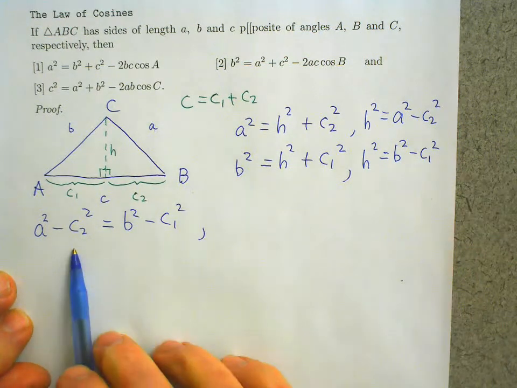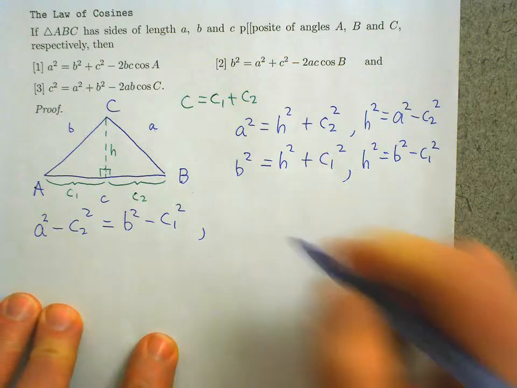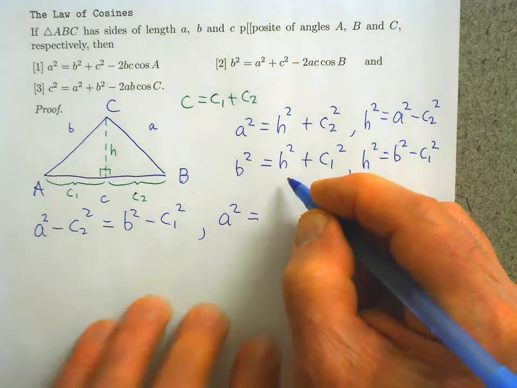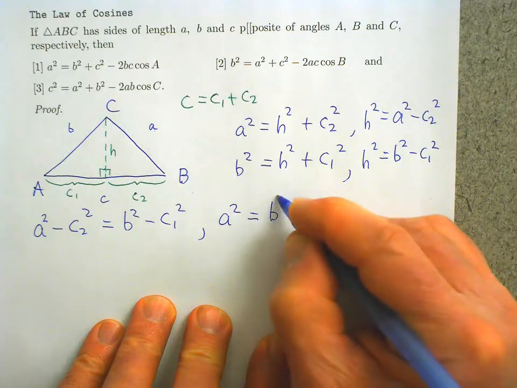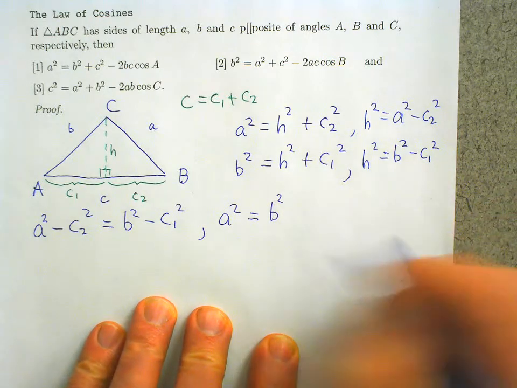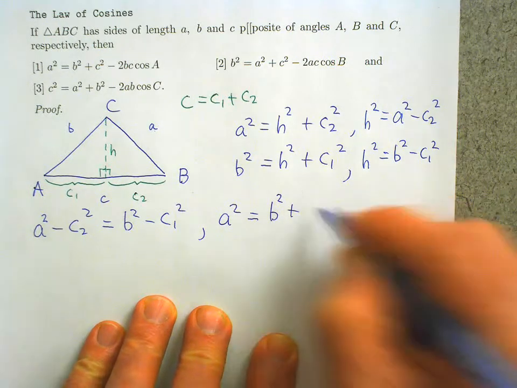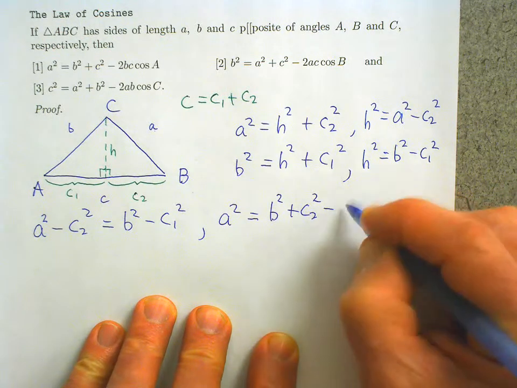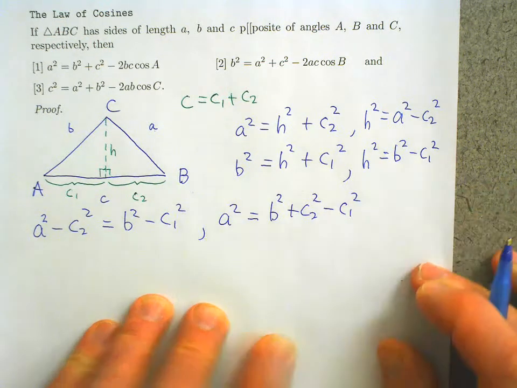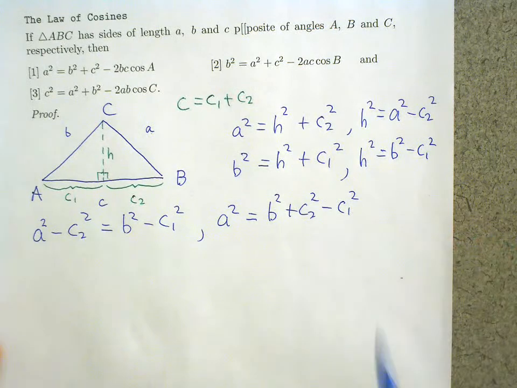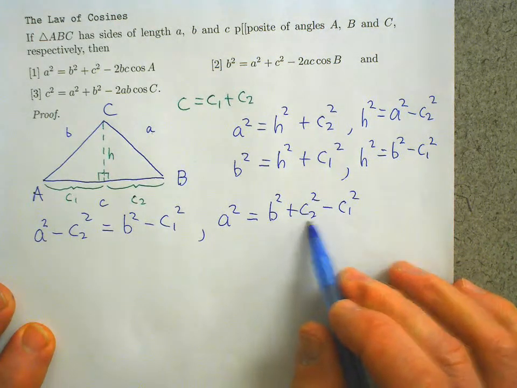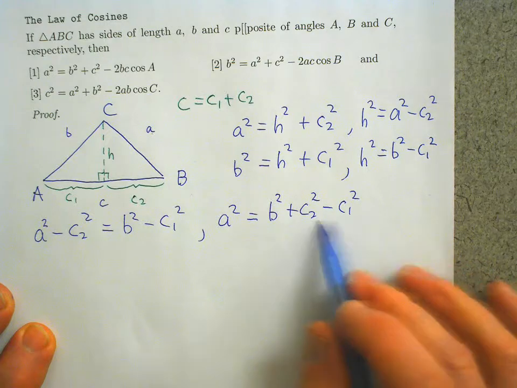And then we'll add c2 squared to both sides. So we get a squared is equal to b squared. I'm going to put the plus c2 squared before the minus c1 squared. And then we can factor the c2 squared minus c1 squared. That's a difference of squares.